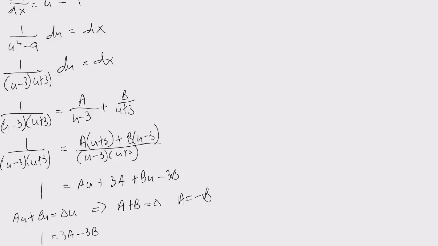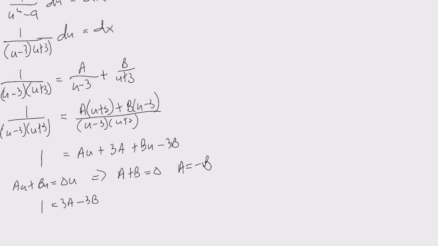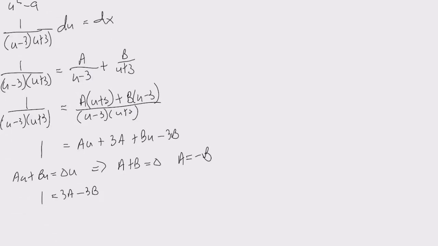And we can use what we just found. So that's 3A minus 3 times, so B would be essentially negative A. So 1 equals, that's going to give me 6A. So A is 1/6, and B would be negative 1/6.